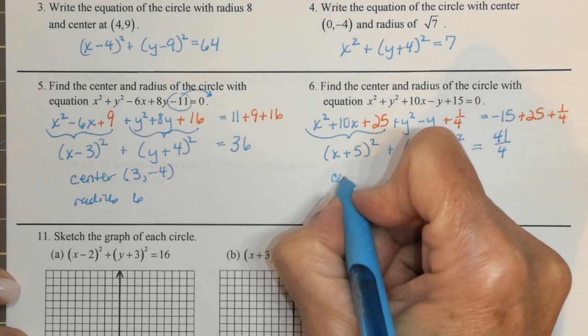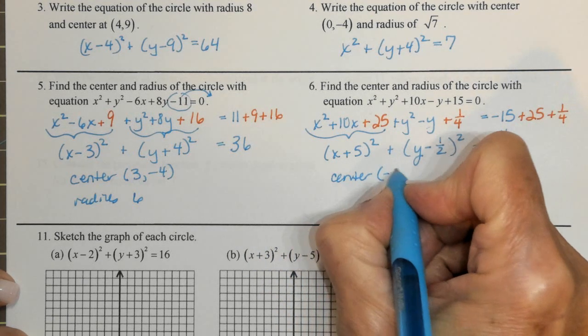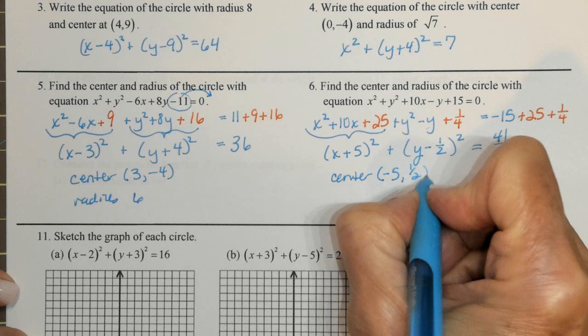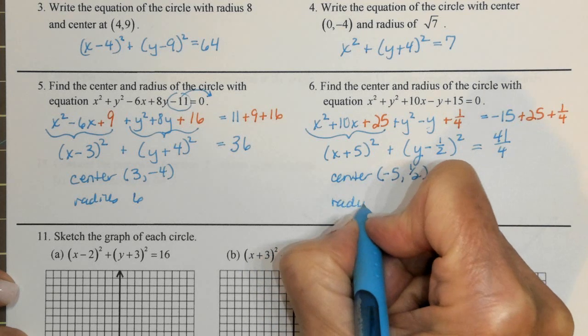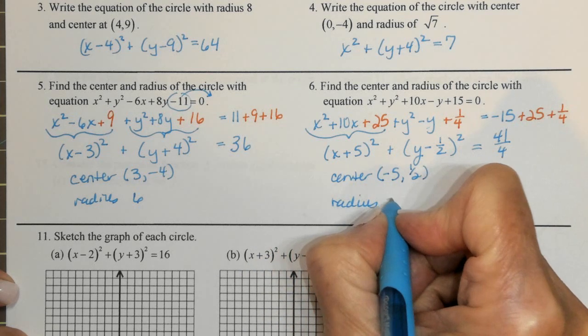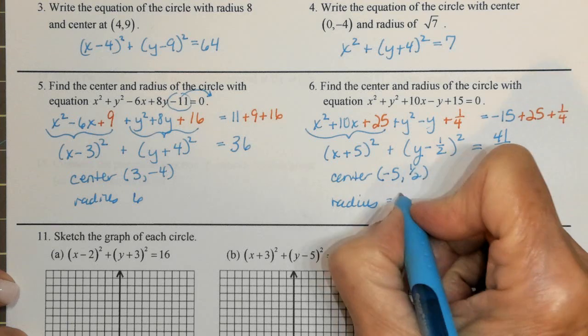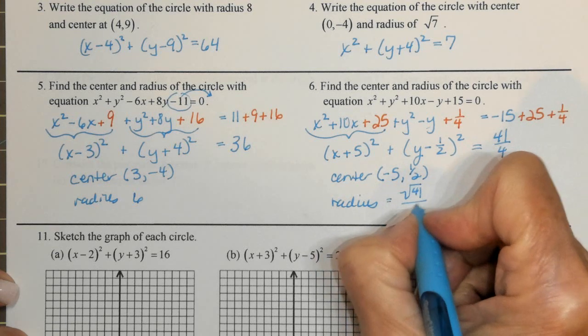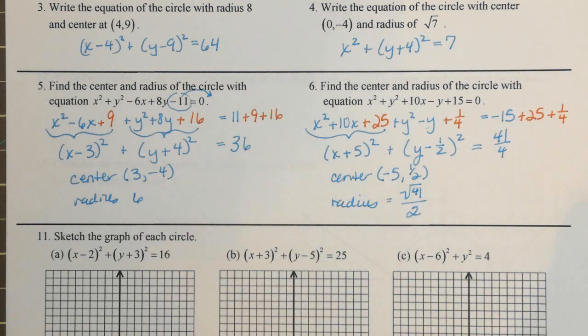So the center is negative 5, positive 1/2, and the radius is the square root of 41 over 4, which is the square root of 41 over 2.